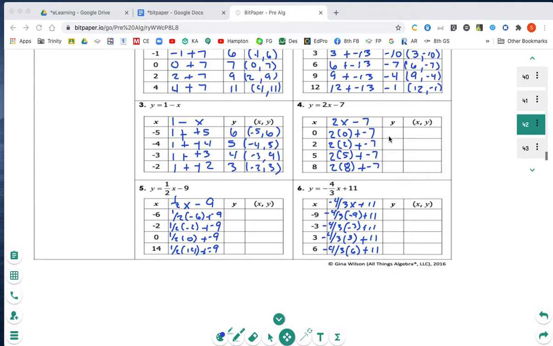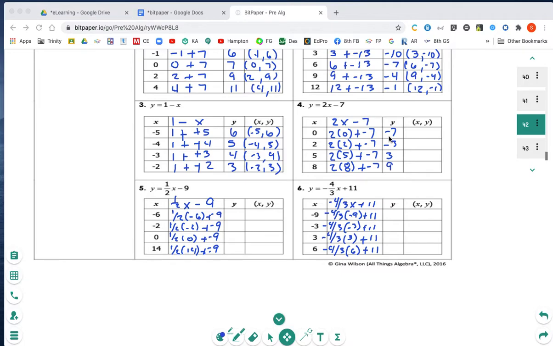So that's going to give us a negative 7. 2 times 2 is 4, plus negative 7 is negative 3. 2 times 5 is 10, plus negative 7 is positive 3. 2 times 8 is 16, plus negative 7 gives us 9.